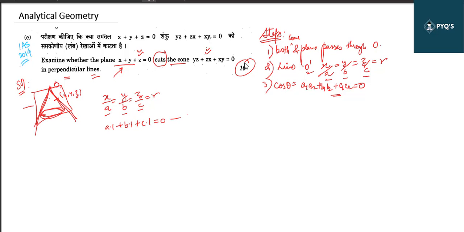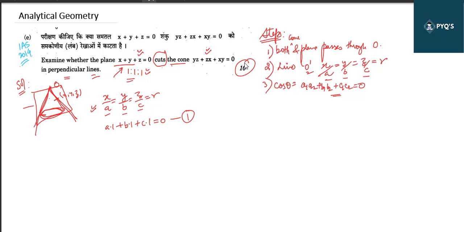This is equation number first, because 1, 1, 1 are the direction ratios of the normal to the plane, and a, b and c are the direction ratios of lines. So we'll multiply them for perpendicular.